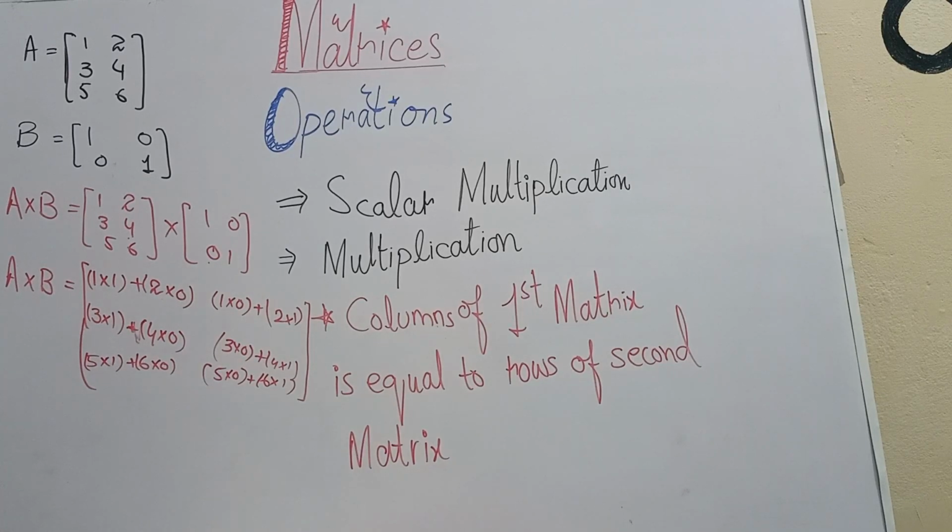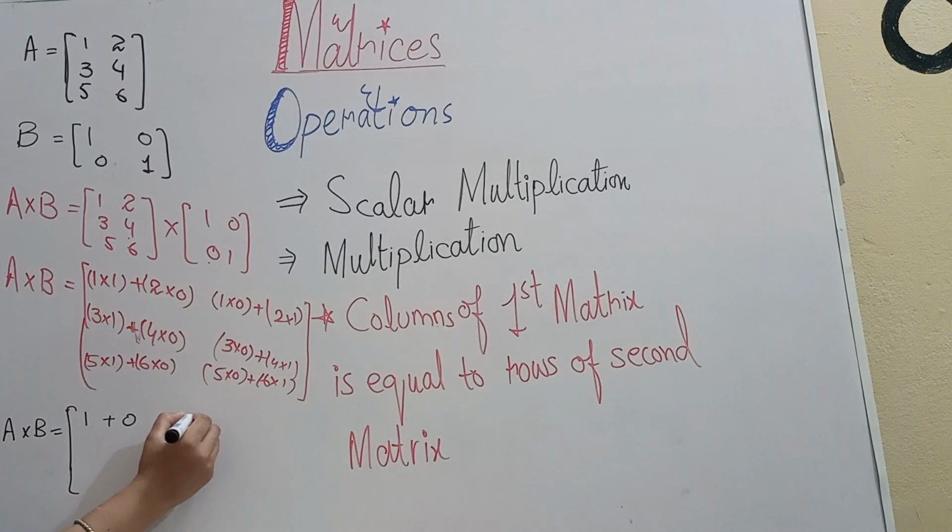So let's solve this now. As it is the rule of mathematics that we solve the brackets first, let's solve the brackets first. So here the product of matrix A and B becomes, we have to solve the product first. 1 multiplied by 1 and plus symbol as it is, 2 multiplied by 0, 0.